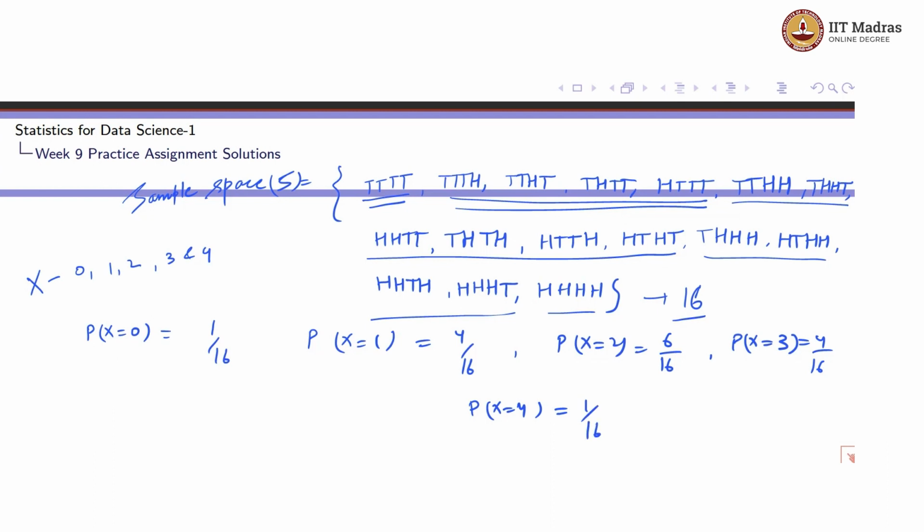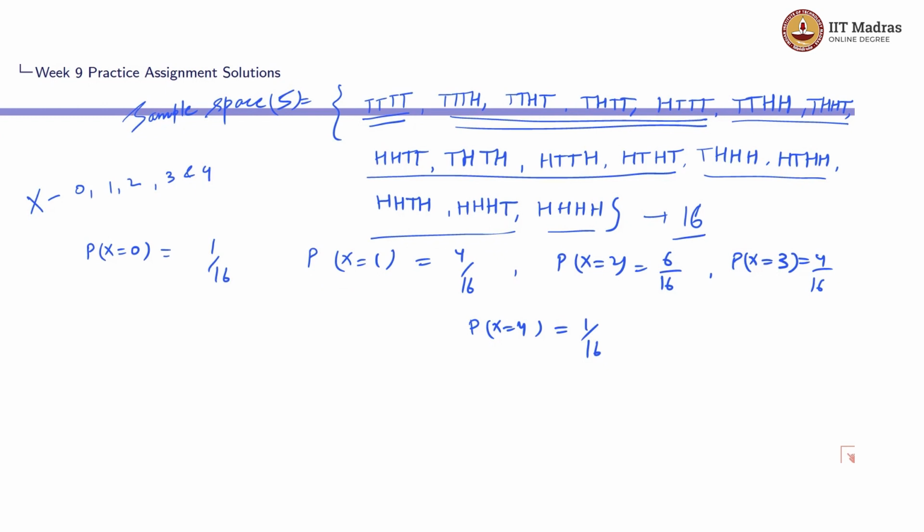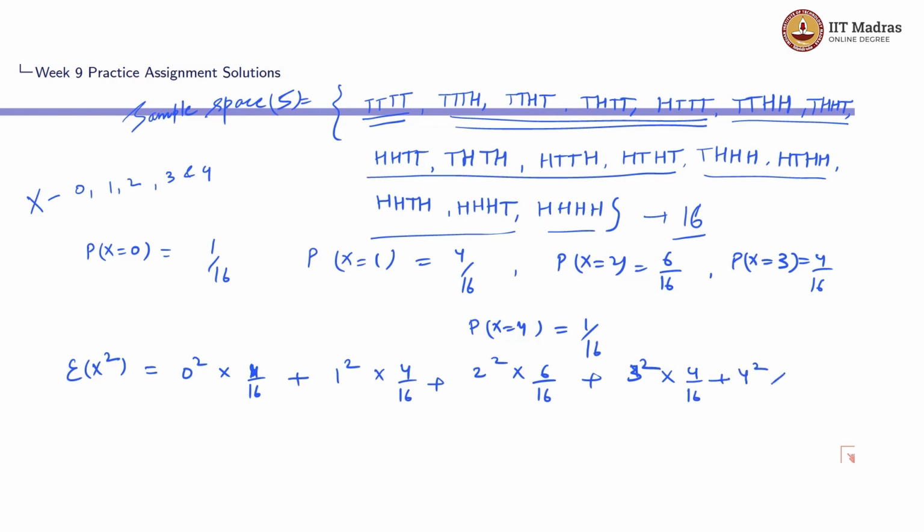Okay. For calculating variance, we need to first calculate the expectation of x square. The possible values are 0, 1, 2, 3, 4. We square them and multiply with the respective probabilities. 0 square into 1 by 16 plus 1 square into 4 by 16 plus 2 square into 6 by 16 plus 3 square into 4 by 16 and 4 square into 1 by 16.